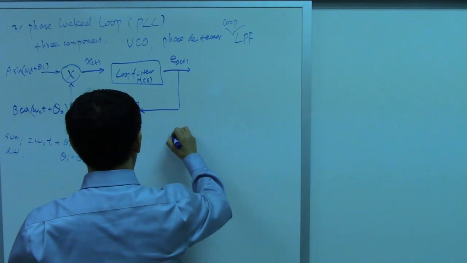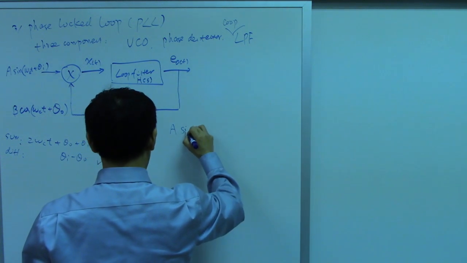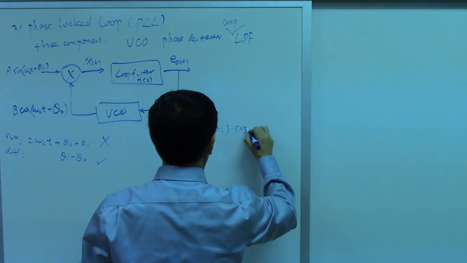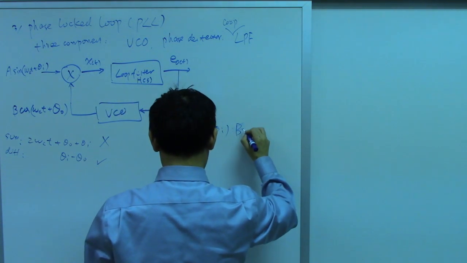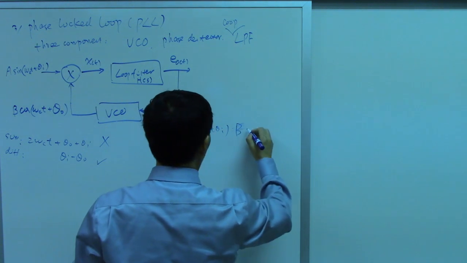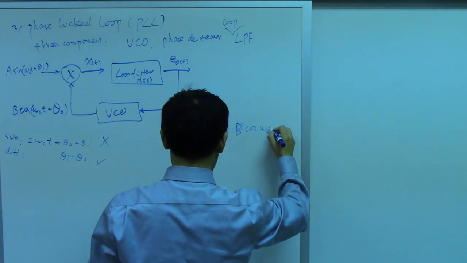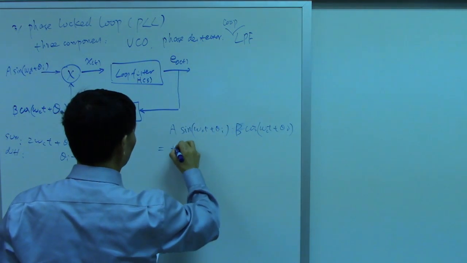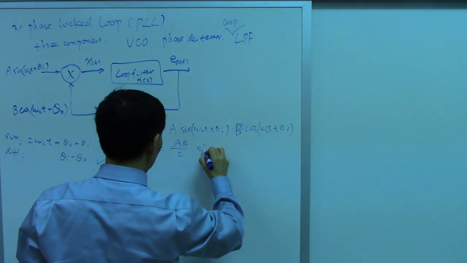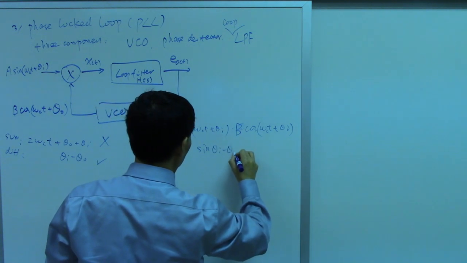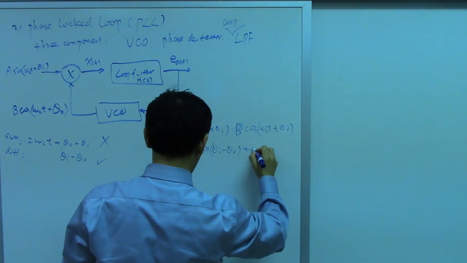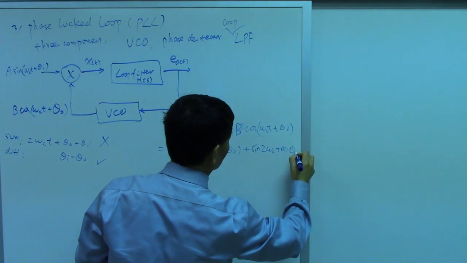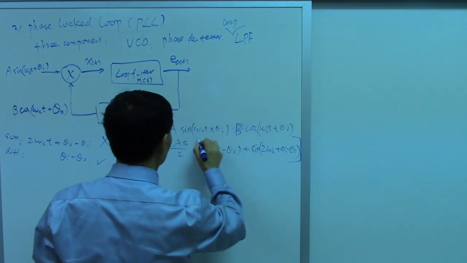For example, A times sin(omega_c t + theta_i) times B, and B can combine here cosine(omega_c t + theta_0). This will be equal to half AB times sin(theta_i - theta_0) plus sin(2 omega_c t + theta_i + theta_0), and we have these two terms here.